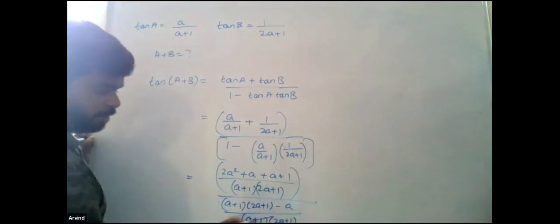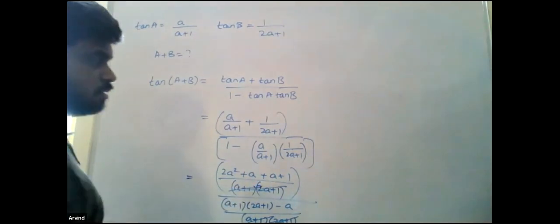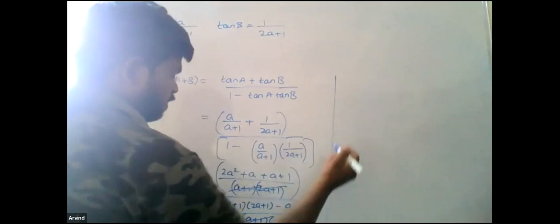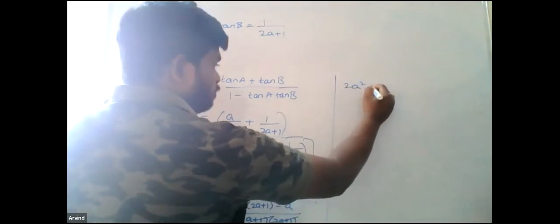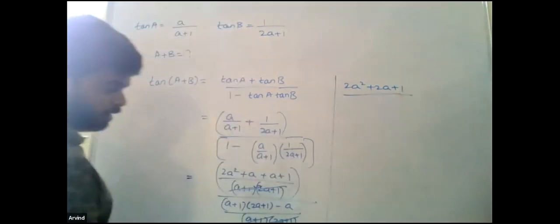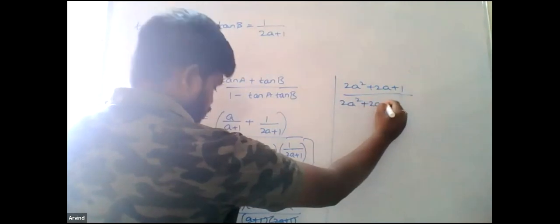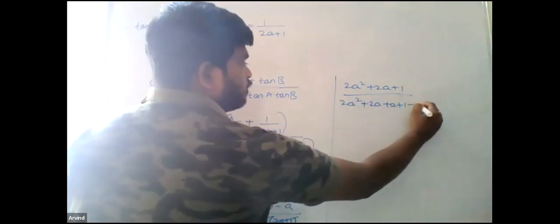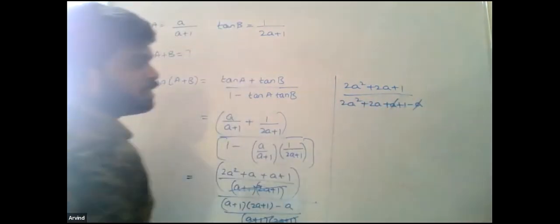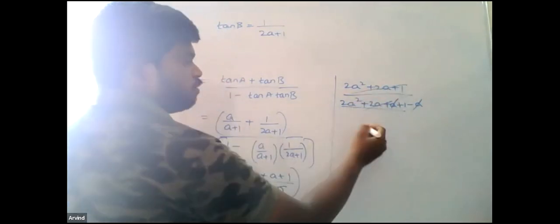So as you can see, this denominator gets cancelled. So you're left with 2A square plus 2A plus 1. In denominator, if you multiply it, you will get 2A square plus 2A plus A plus 1 minus A. Plus A minus A gets cancelled. So you observe, numerator and denominator are the same, you will get it as 1.